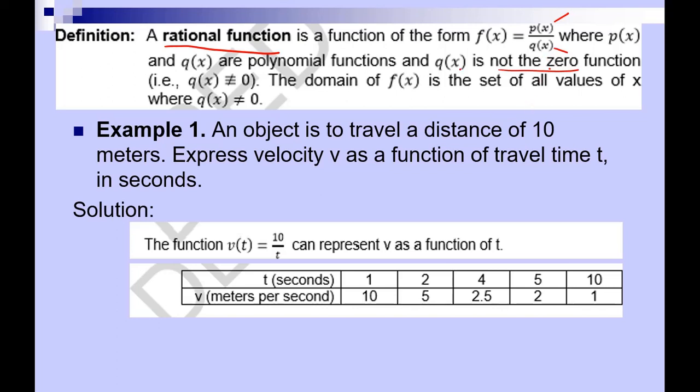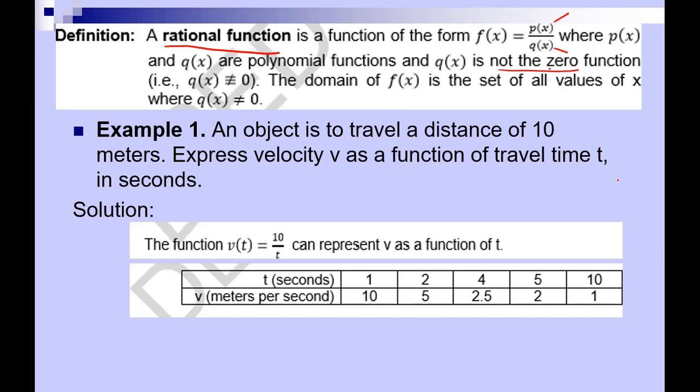Okay? So, for example, an object is to travel a distance of 10 meters. Express velocity v as a function of travel time t in seconds. So, we have 10 meters per t.